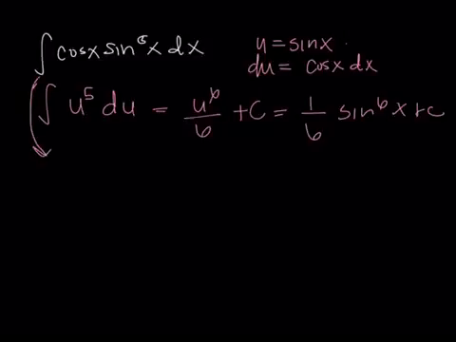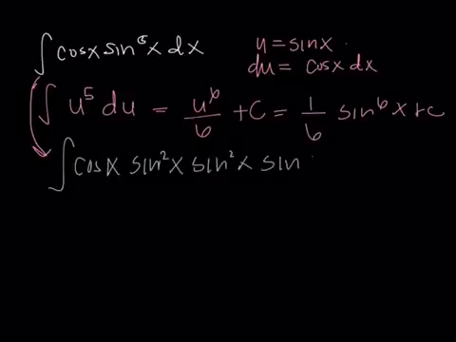And I would modify it so that instead of sine to the 5th, I could make it as cosine x, sine squared of x, sine squared of x, and sine of x dx. Okay?